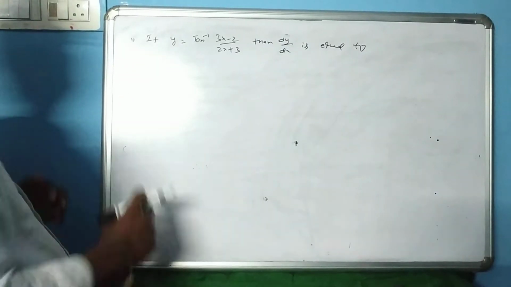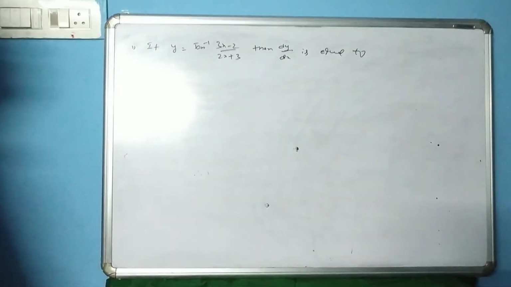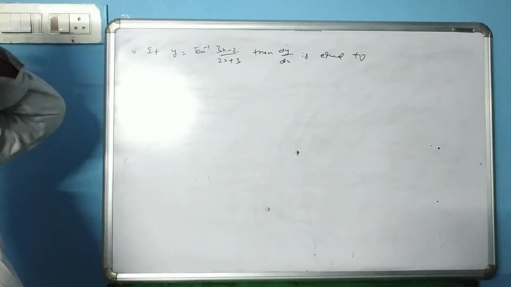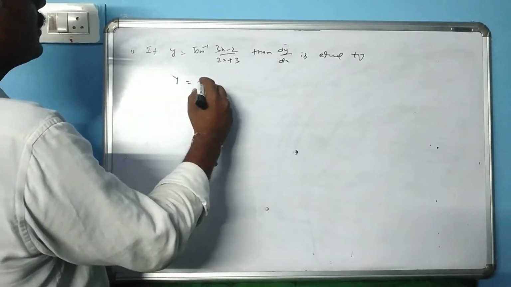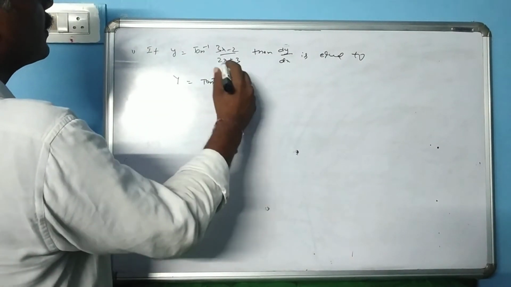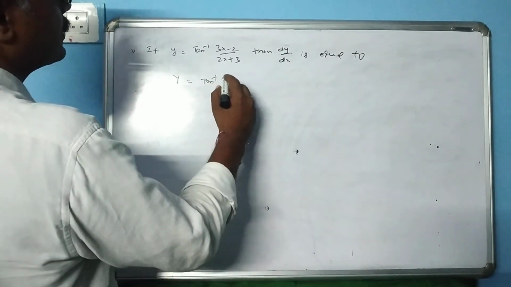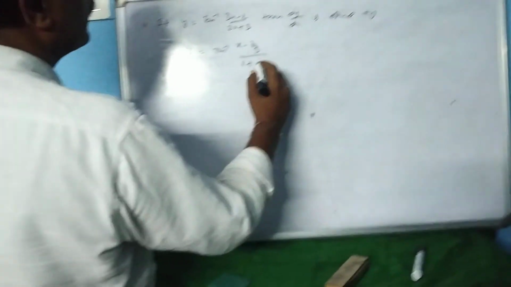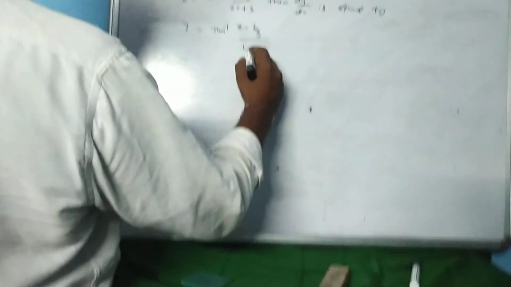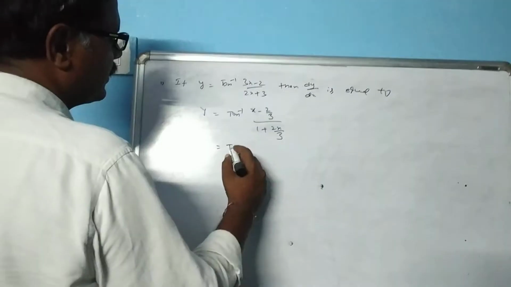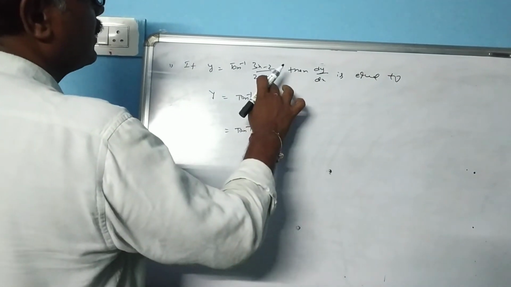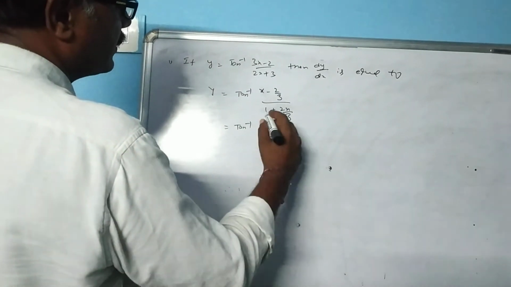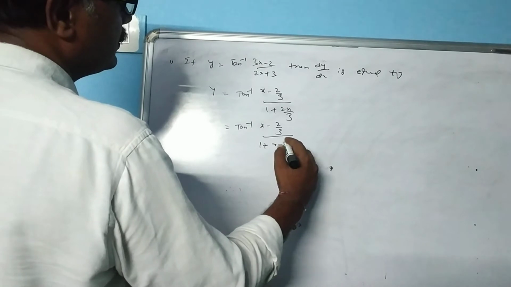Okay friends, next question: y = tan^(-1)((3x - 2) / (2x + 3)). Then dy/dx is equal to what? This is the question. Here I have taken it as the form (x - 2/3) / (1 + x times 2/3).